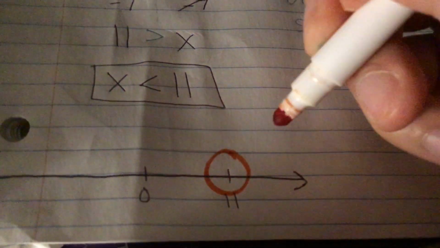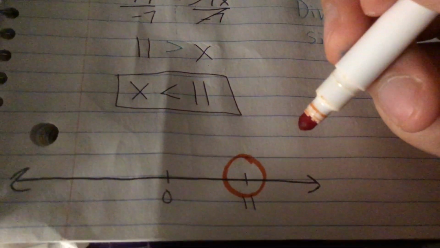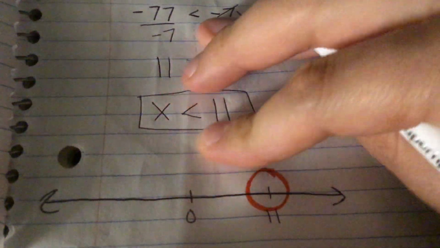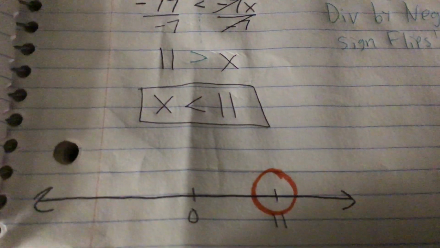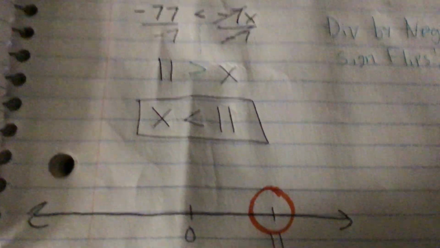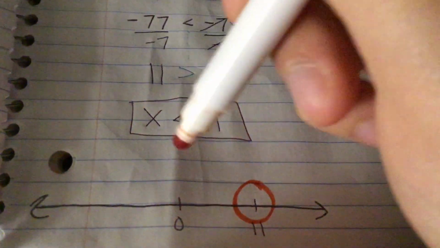So I'm going to circle this bad boy. I'm a fat dot person. All right, and what numbers are less than 11? To the left or to the right of 11? All numbers less than 11 are to the left.